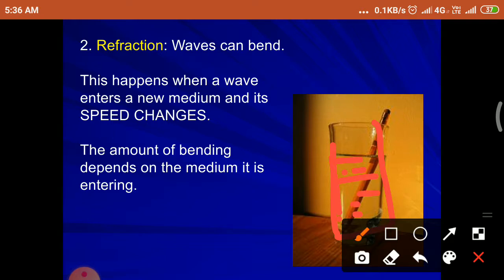Here two mediums are present: an air medium and a water medium. When the wave travels from one medium to another, the speed and the direction of the wave are changed. So the wave can bend. This is called refraction.